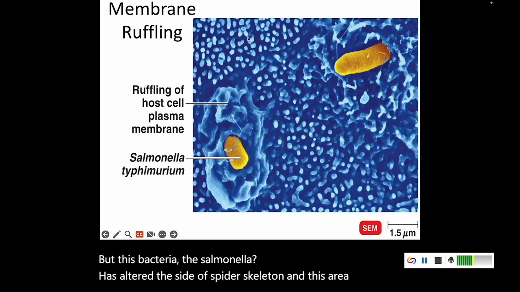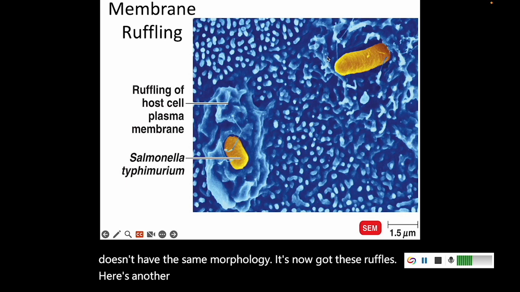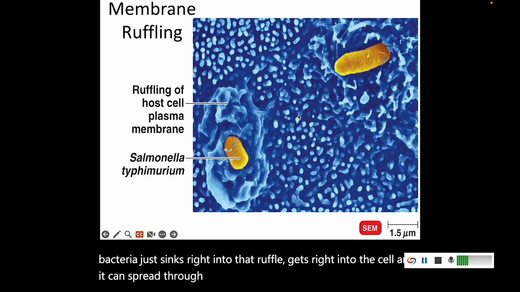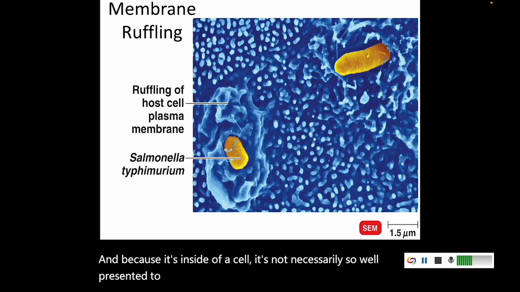You can see it doesn't have the same morphology. It's now got these ruffles. Here's another bacteria that's made another set of ruffles. The bacteria just sinks right into that ruffle, gets right into the cell, and can spread from one cell to the next. And because it's inside of a cell, it's not necessarily so well presented to your immune system, and it's able to spread and cause infection.